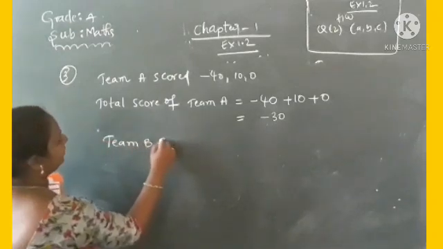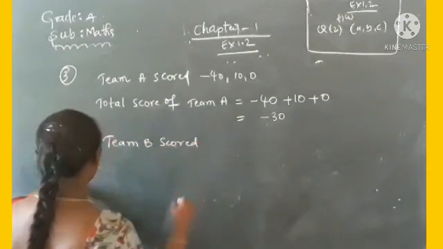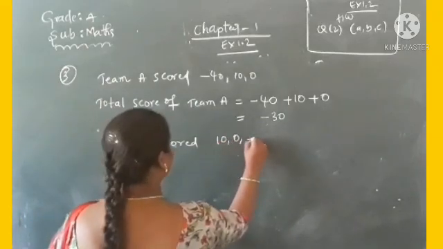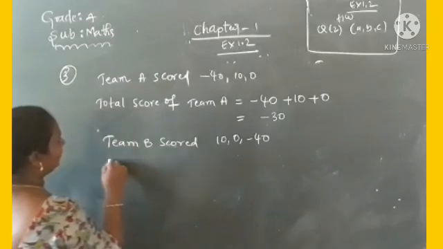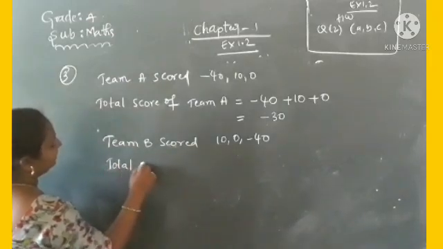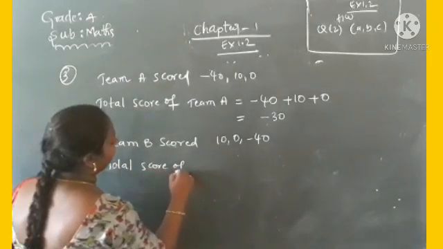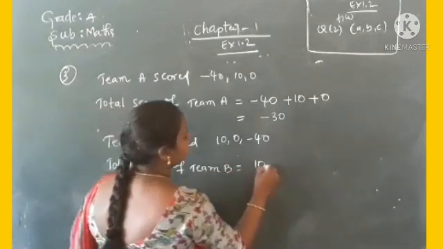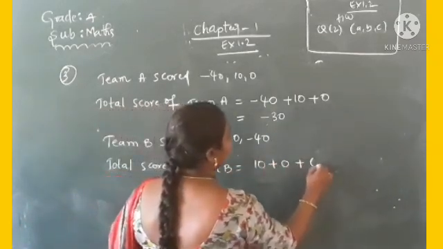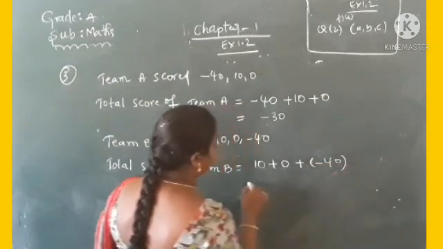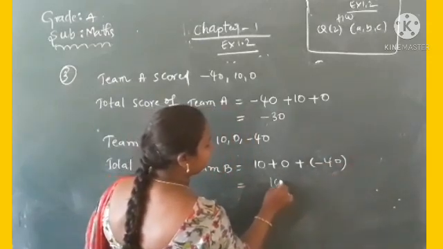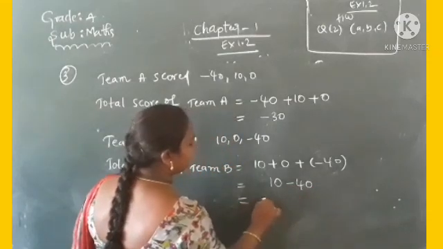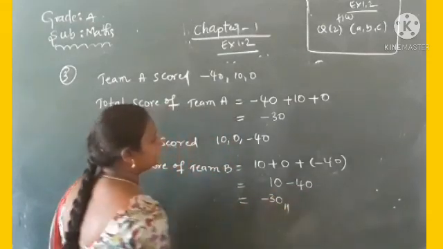Team B scored 10, 0, minus 40. Now find the total score of team B. Here also do the addition: 10 plus 0 plus minus 40. 10 plus 0 is 10, plus minus 40. 10 minus 40 is equal to minus 30.